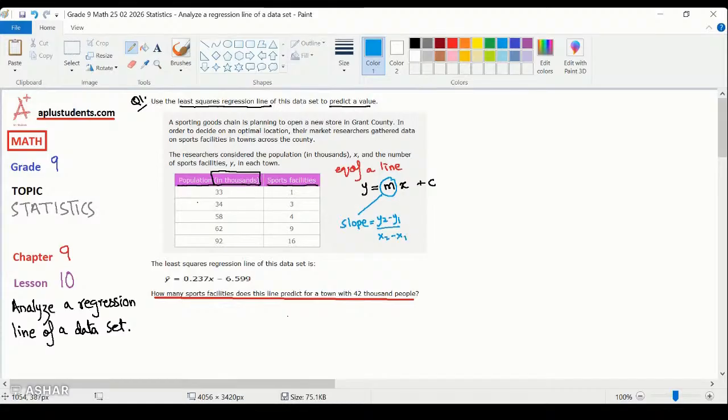That is basically the change in the vertical axis upon the change in the horizontal axis. And c represents the y-intercept.